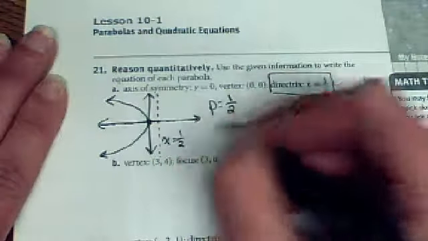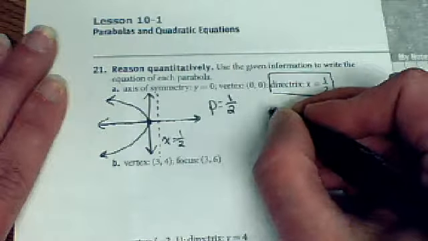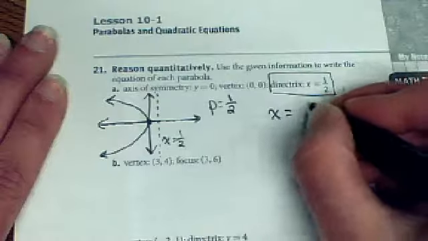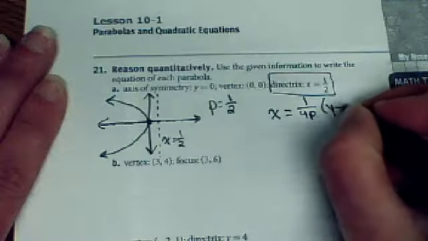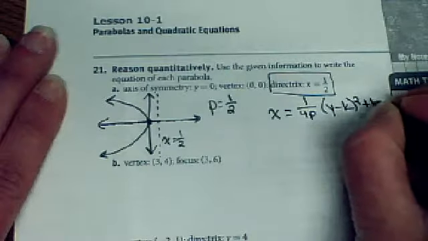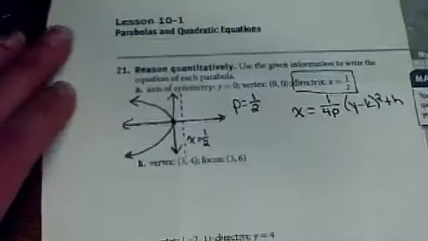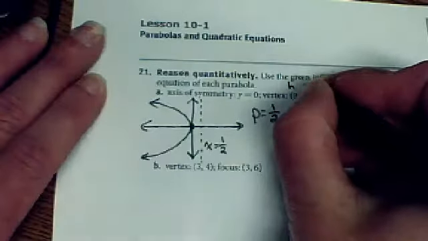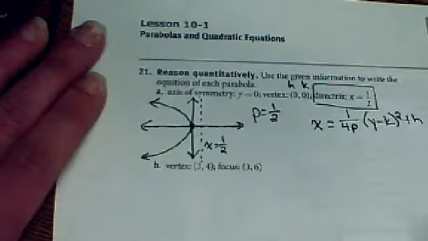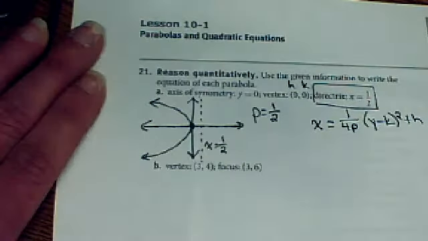Now, we said that it was a horizontal, so let's look at that generic form of a horizontal parabola. x equals 1/4p times (y minus k) squared plus h. So let's think of everything we know to be able to write that. We need our h and k. Where did those come from? Well, those are from the vertex. We also need the p-value. Oh, we already found that.